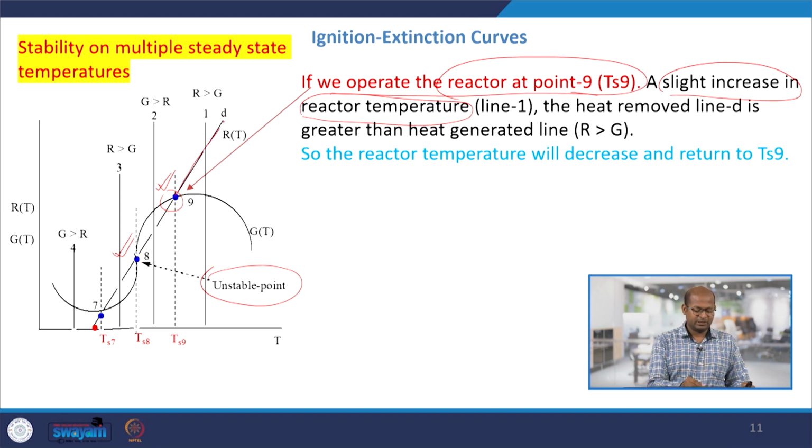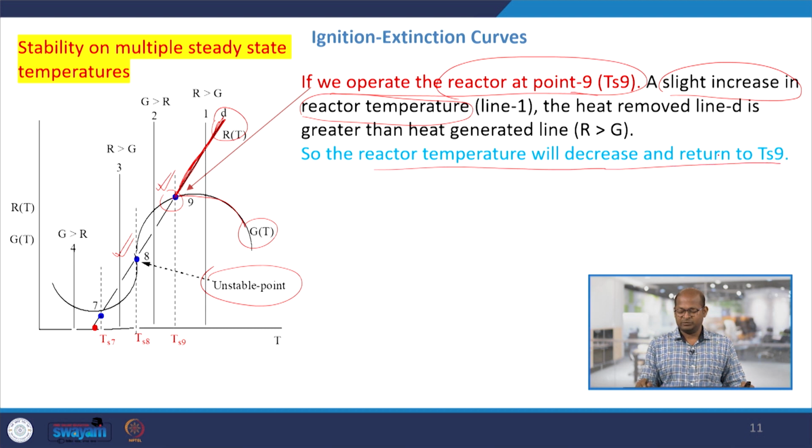So, this is the heat removal line and this is the heat generation line. Here, with a slight increase in the temperature, it would move like this. There is no harm for the reactor, since the reactor temperature will decrease and return to TS9.